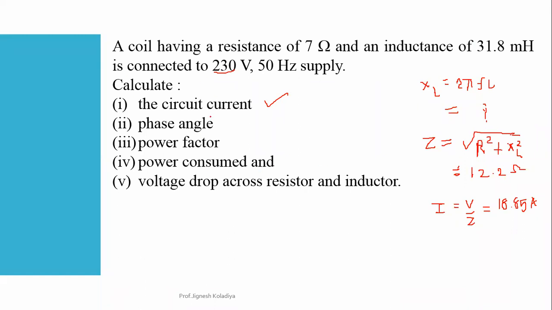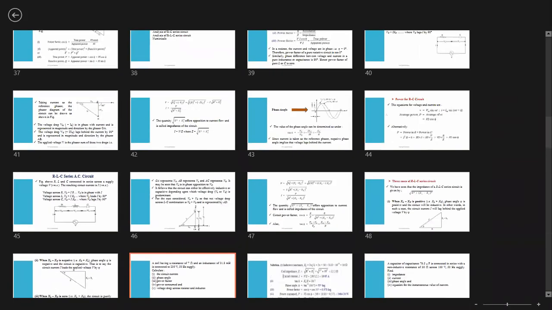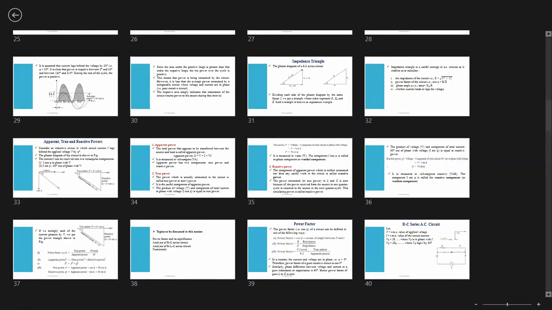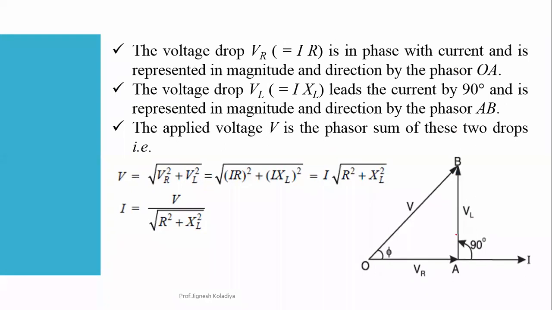Now, next is phase angle and power factor. If you remember the voltage triangle for an RL series circuit, then for phase angle, tan phi is equal to VL upon VR.